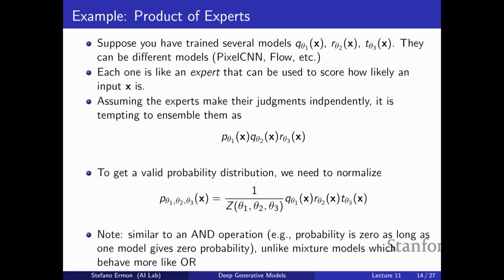You can think of the energy of the product of experts as being the sum of the log likelihoods of each individual model, because you can write p theta 1 as exp log p theta 1, and the other as exp log p theta 2, and then it's the exp of the sum of the logs. The problem is that the sum of the log likelihoods is an energy, and it's not guaranteed to be normalized by design. So you have to renormalize everything with this global partition function.